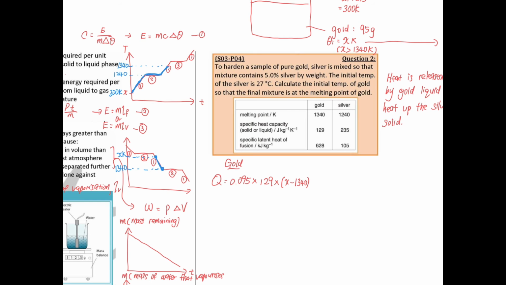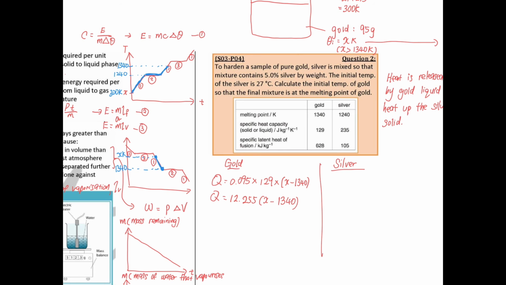Okay, now for silver. Let me simplify it a little bit: 0.095 times 129 is 12.255 times x minus 1340. So this is the heat released by gold.